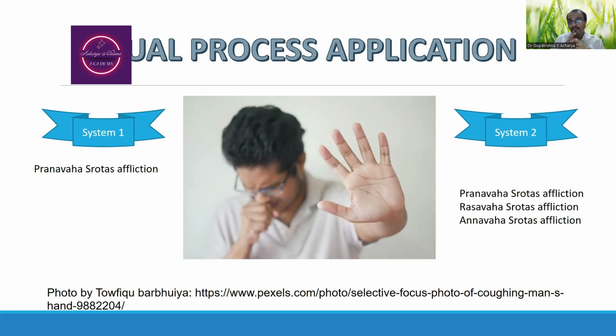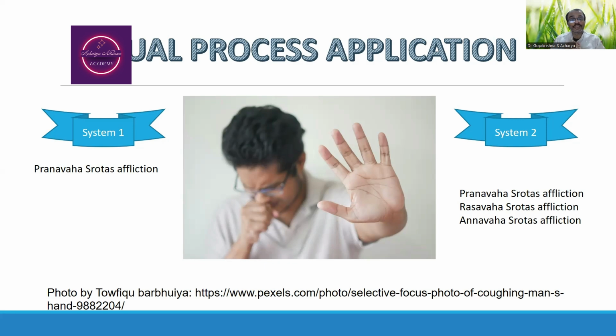So we are going to link the nidana, lakshana, etc. And we are going to ask regarding the same in terms of the history regarding onset, duration, severity, course of the symptom, aggravating and relieving factors, negative history, etc. Based on that, we are going to come to a conclusion that the person may be suffering from two or three systemic or srotas afflictions.